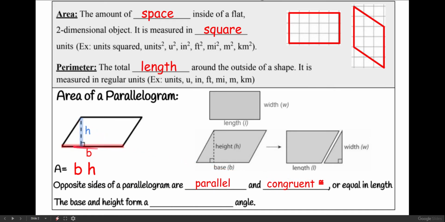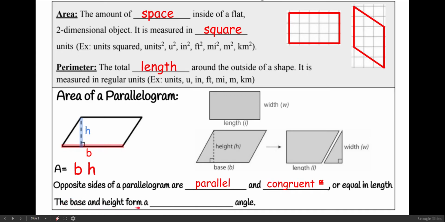So this base is equal in length to that base. If this was 5 inches right here, then this also is 5 inches. If this is 2 inches, then this is also 2 inches. These two are parallel to each other, and these two bases right here are also parallel to each other. So they have two pairs of parallel sides and congruent sides.